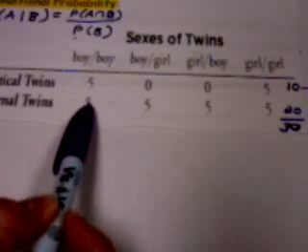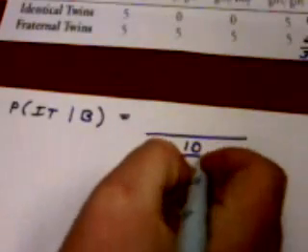Okay, probability of all boys, I should say. If you look, there's boy boy and there's boy boy. And I don't care about identical or fraternal right now. I'm just looking at the probability of getting two boys. Well, there's 5, 10, and it's going to be out of the total, which is 30. Okay, so event B, probability of getting two boys, is 10 out of 30.